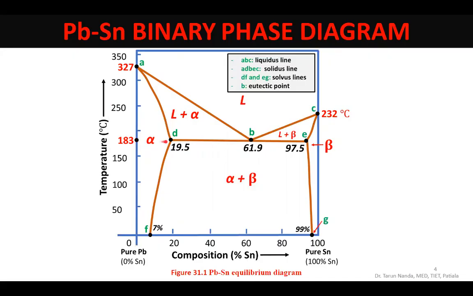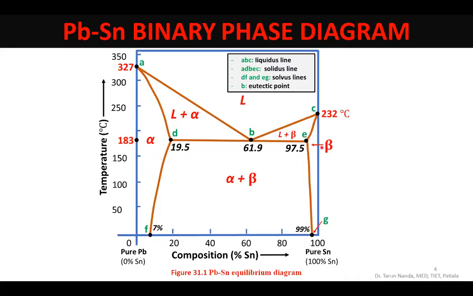The maximum amount of tin that alpha can accommodate in it is 19.5. So alpha is a solid solution of tin in lead. Tin is the solute and lead is the solvent, and the maximum amount of tin that can be accommodated in this alpha solid solution is 19.5, but this happens at a special temperature, the eutectic temperature 183 degrees centigrade.